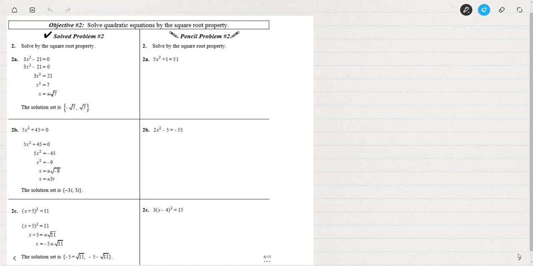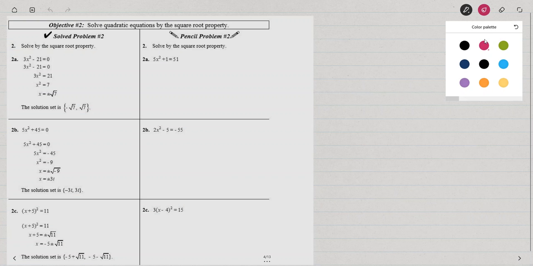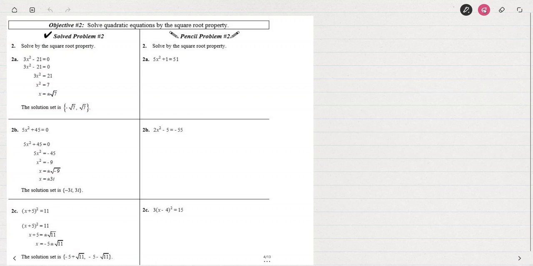Let's look at the next way of solving with the square root property. It's to isolate the x squared and then do the square root of both sides. So if I isolate the x squared for 5x squared plus 1 equals 51, I'm going to start by subtracting 1 from both sides, and I get 5x squared equals 50.